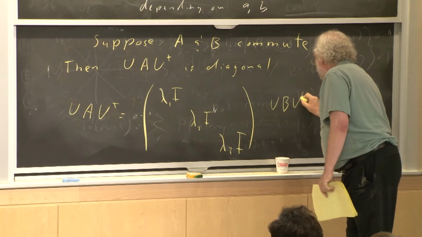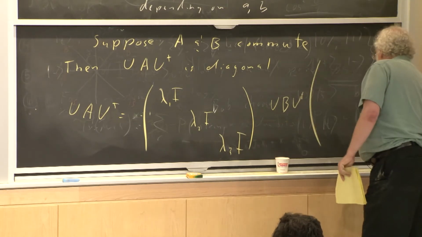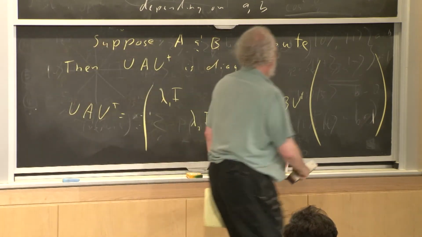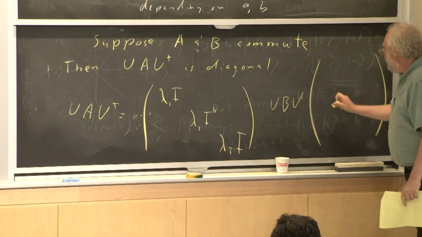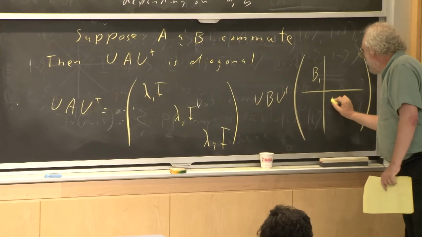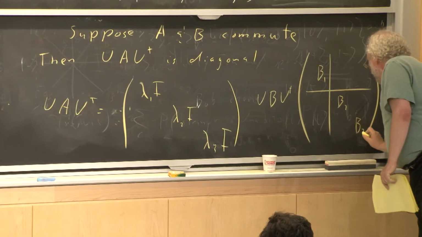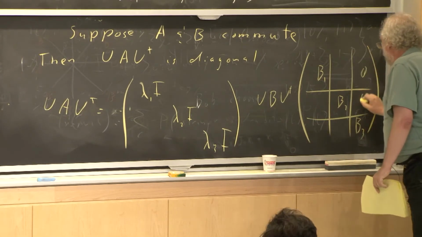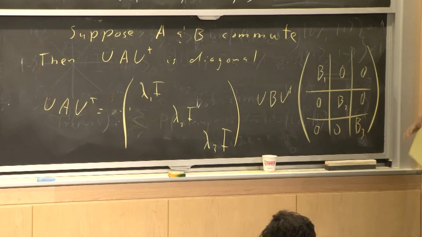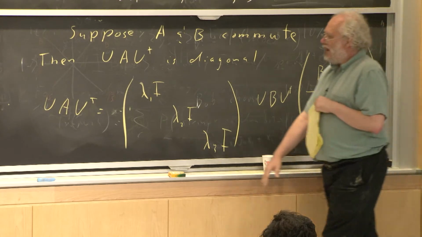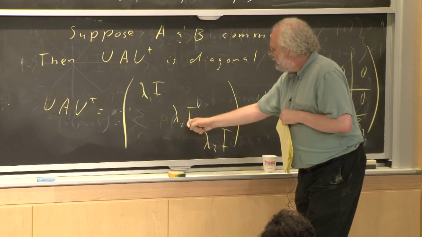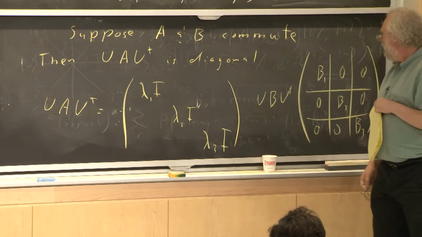Now, let's look at what U dagger B U has to look like. I want to claim that it has to look like B1, B2, B3, and zeros everywhere else. So when you diagonalize A, you get the different eigenspaces corresponding to the eigenvalues.